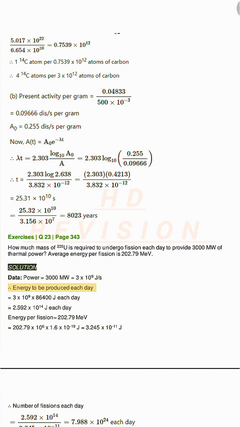Therefore energy to be produced each day equals 3 × 10⁹ × 86,400 J equals 2.592 × 10¹⁴ J each day. Energy per fission equals 202.79 MeV equals 202.79 × 10⁶ × 1.6 × 10⁻¹⁹ J equals 3.245 × 10⁻¹¹ J. Therefore number of fissions each day.